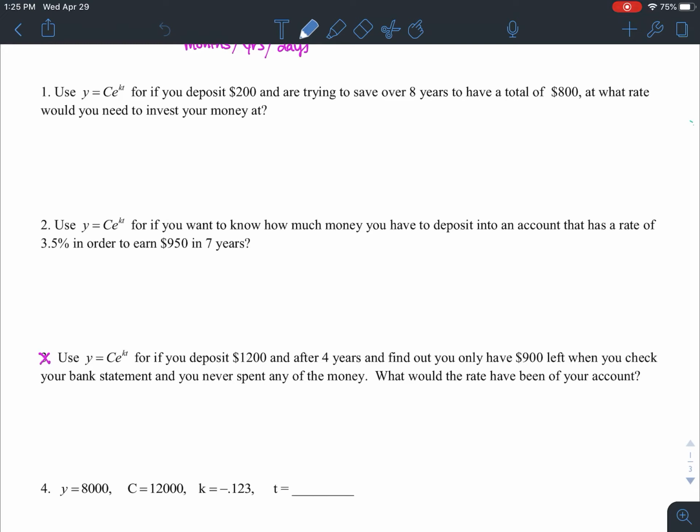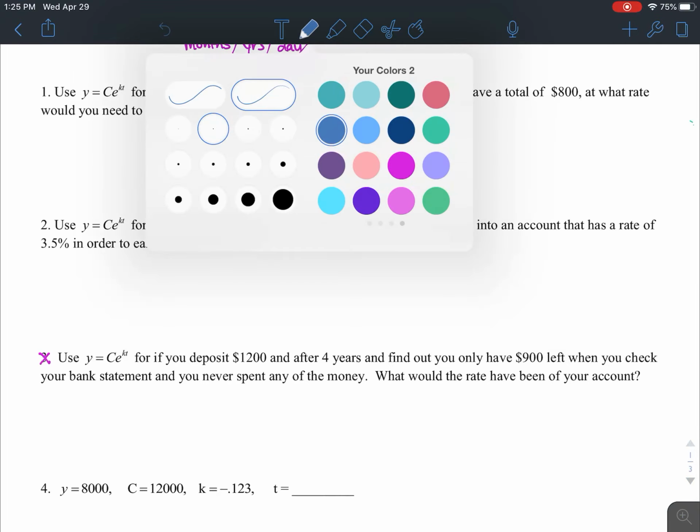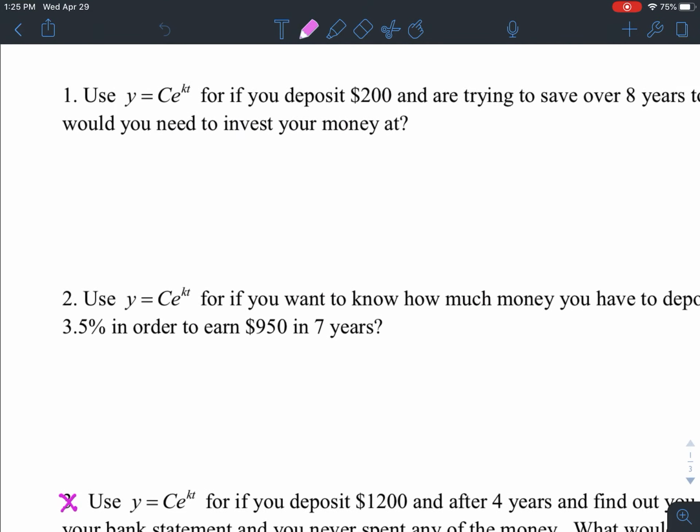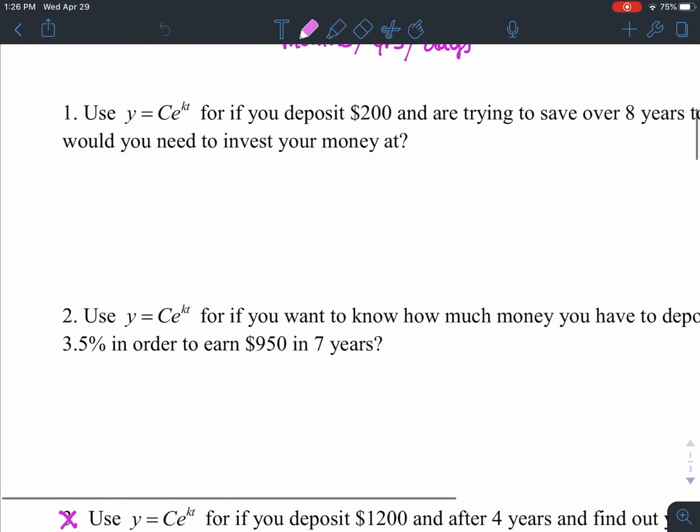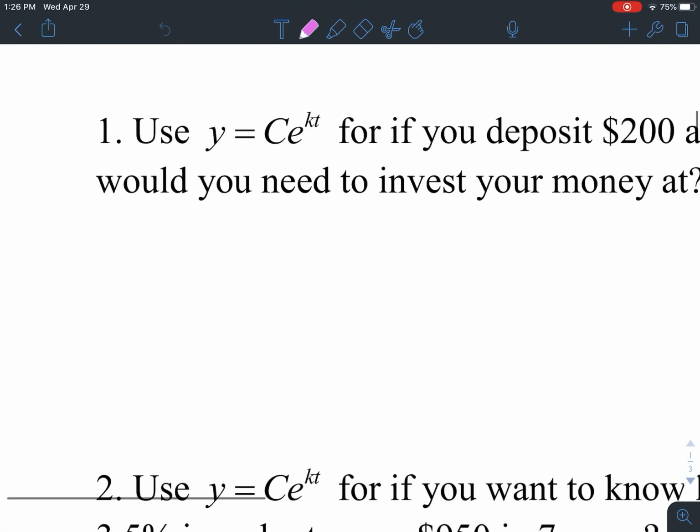So essentially we're trying to find our k. Let's begin. Our final amount, our y, is $800, which is equal to our C, which is 200, times e to the k, which is our unknown rate, times our t, which is 8 years.